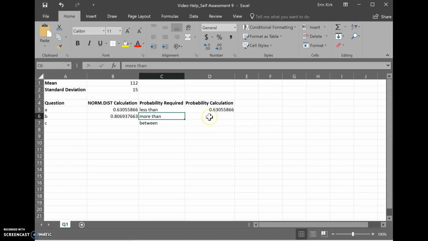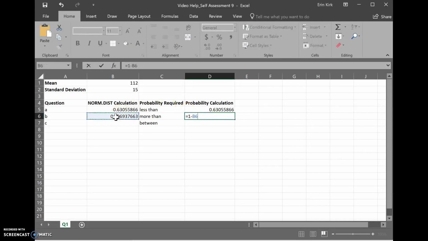So we need to do an extra calculation. Just like you did in class, we take 1 and we subtract the probability from the normal distribution function. So 1 minus this value in B6, enter, and the probability that a randomly selected infant weighs more than 125 ounces at birth is calculated here.